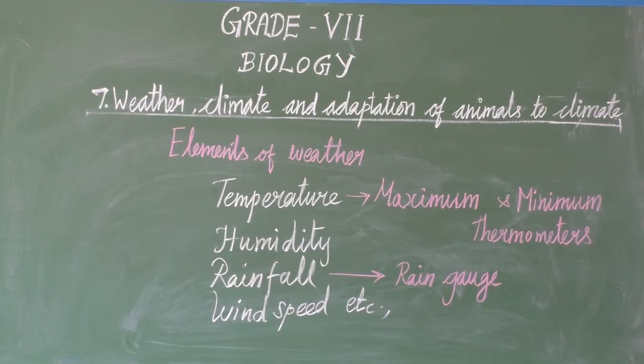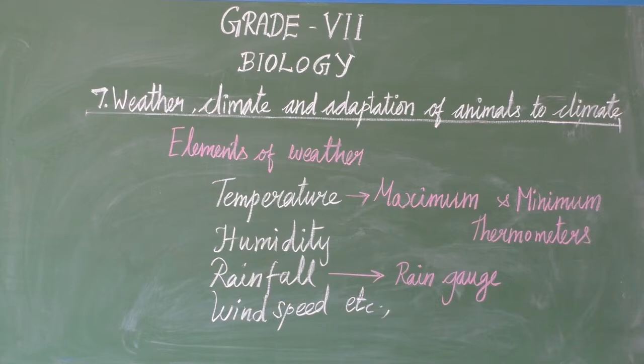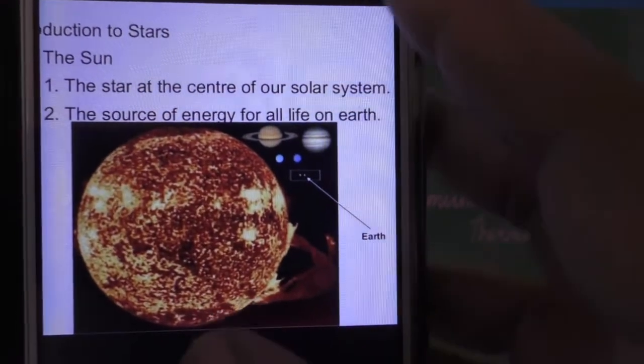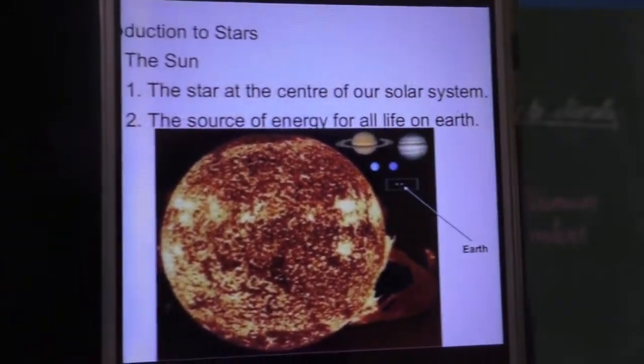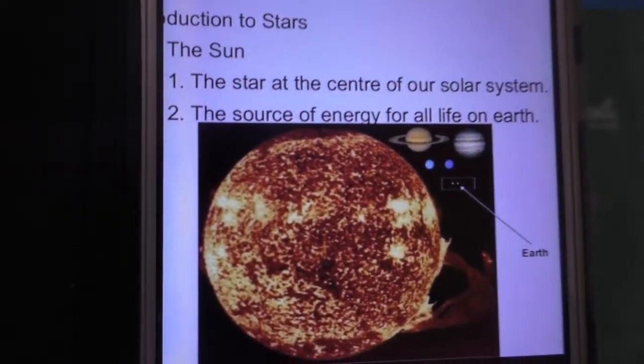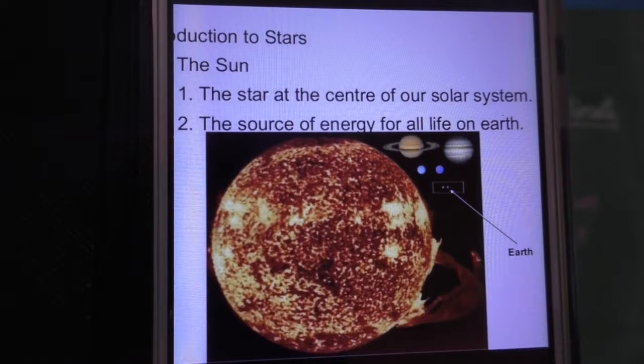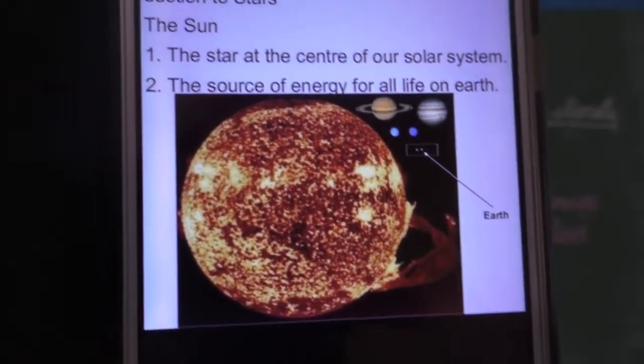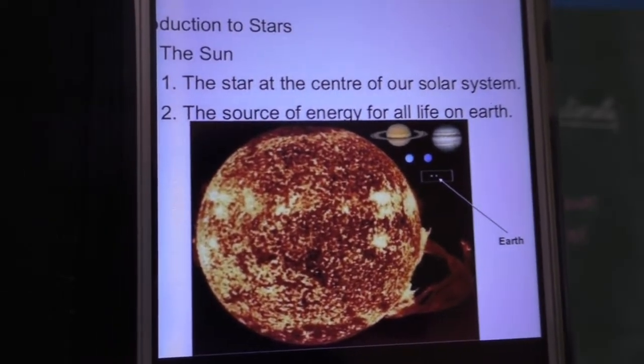Children, who will bring all these changes in the temperature, humidity, rainfall and wind speed? Who will bring all these changes in the weather? The Sun. The Sun only brings all these changes in the weather. The Sun is a huge sphere of hot gases at the center, with very high temperature.